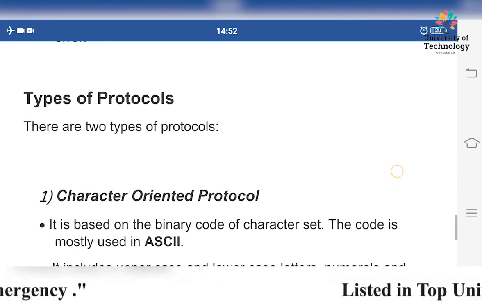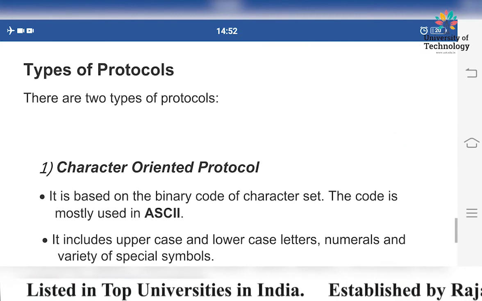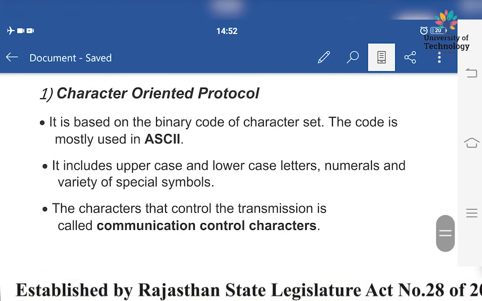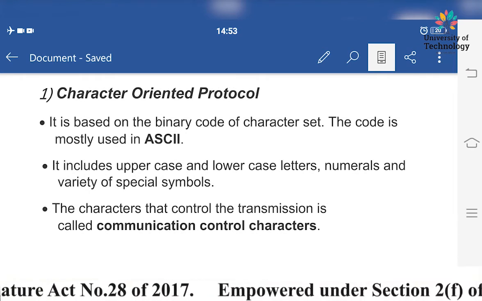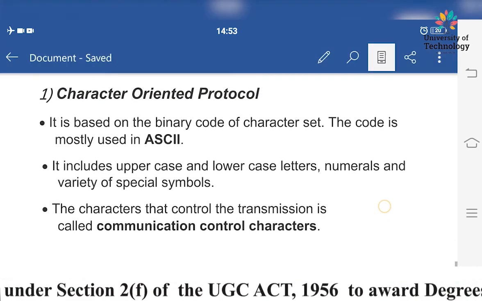After that, we discussed how many types of protocols there are. We have two types: first is character oriented and second is bit oriented. Then we discussed the points of character oriented. In case of character oriented, only binary code is there. It is used in ASCII.